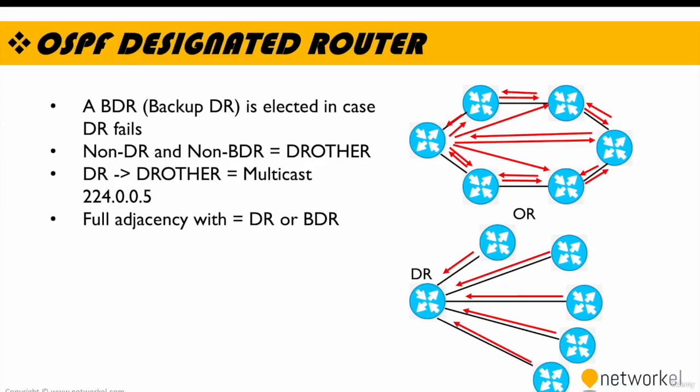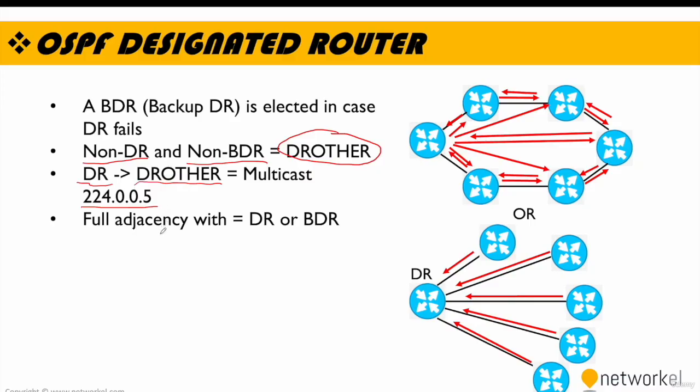If a router in an OSPF network is not a DR or not a BDR, it will be identified as DROther. The DR and BDR communicate with the DROther routers over the multicast address 224.0.0.5.